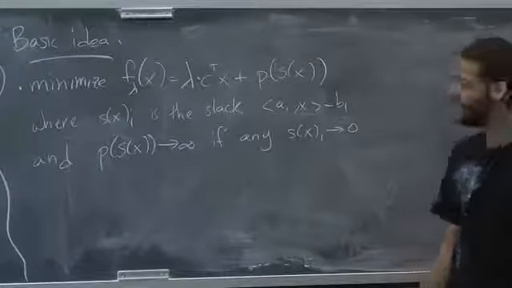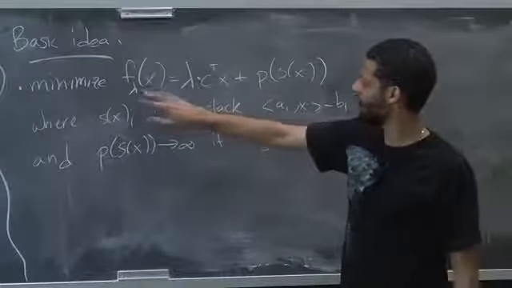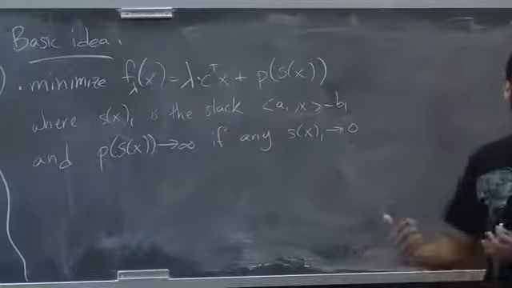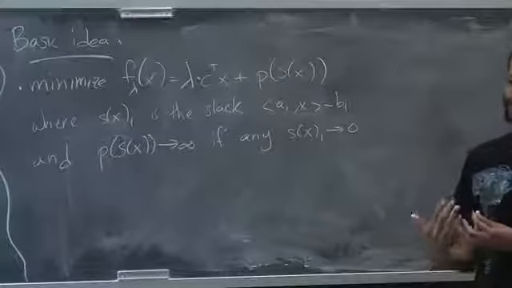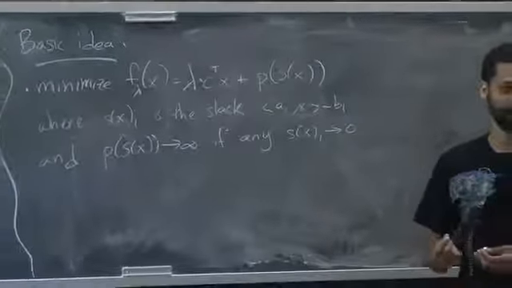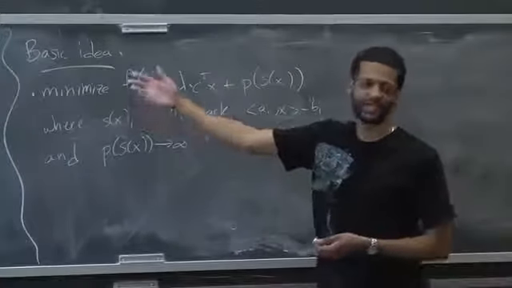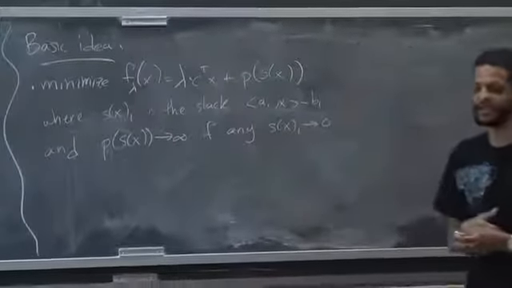By penalizing with it, you ensure that the optimal x is not too close to the boundary, so it stays well in the interior of the feasible region. That's why it's called an interior point method: you keep track of points interior to the feasible region.